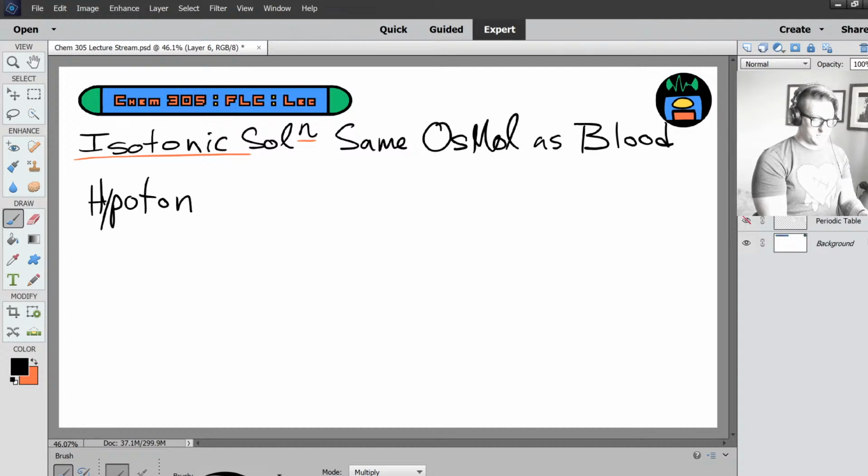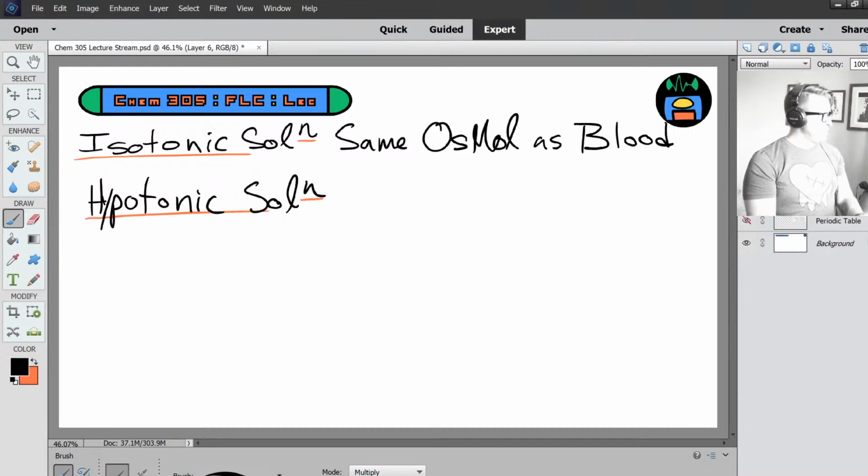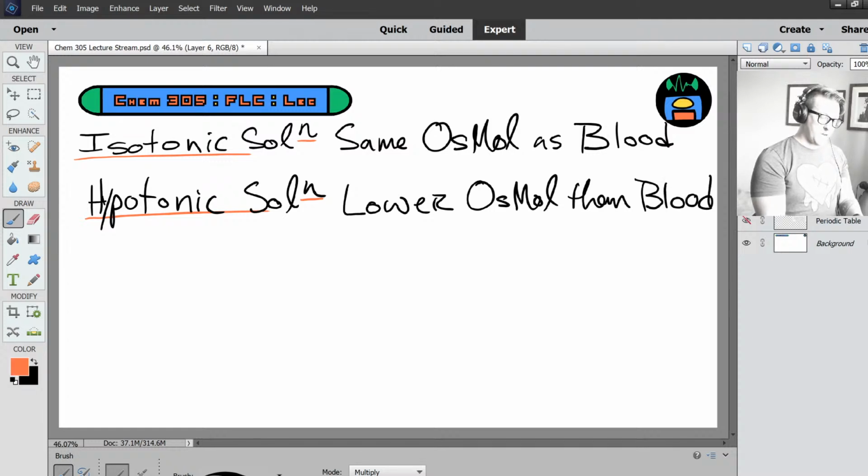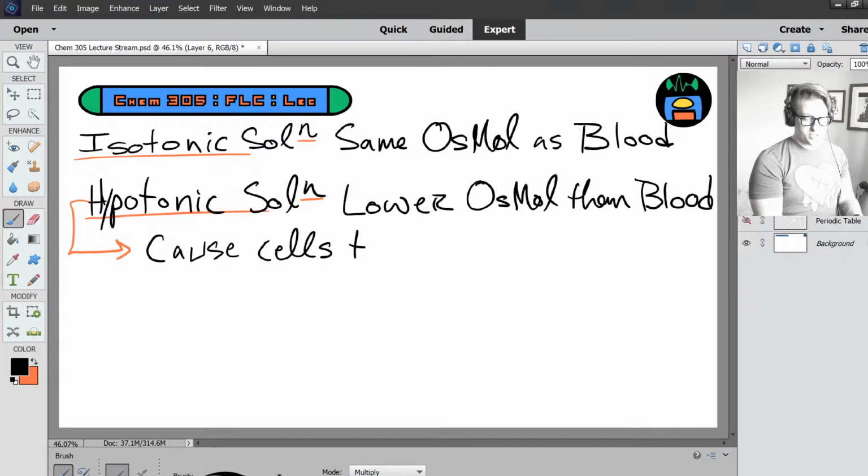Hypotonic solutions have a lower osmolarity than blood, and they cause cells to inflate and in severe enough cases burst.